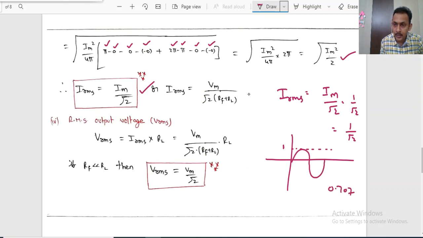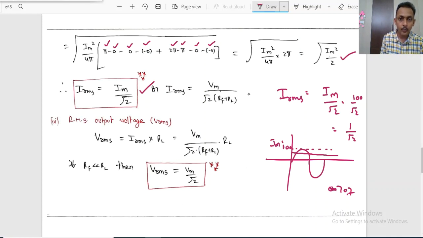If the peak is 100 amps, 100 by root 2 gives 70.7 amps. If it is 50, it is half of that. So that much will be the IRMS value. If the peak value is 100, the RMS value is 70.7. That is how we have to understand it, right?